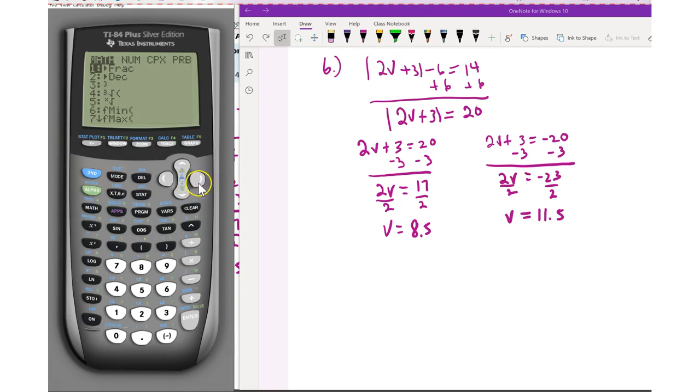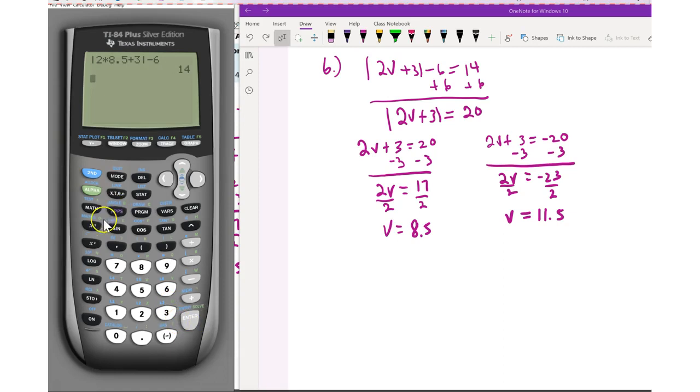And then we go to number, then we go to absolute value, and we're going to type in 2 times 8.5 plus 3, outside minus 6, and that does check. It's 14.